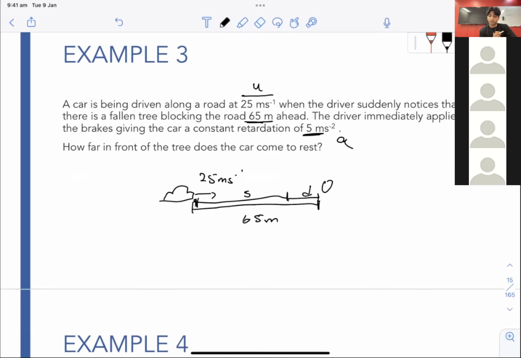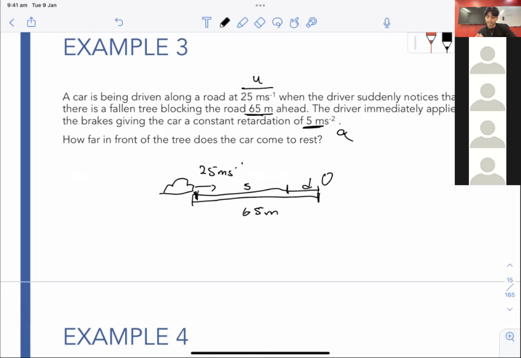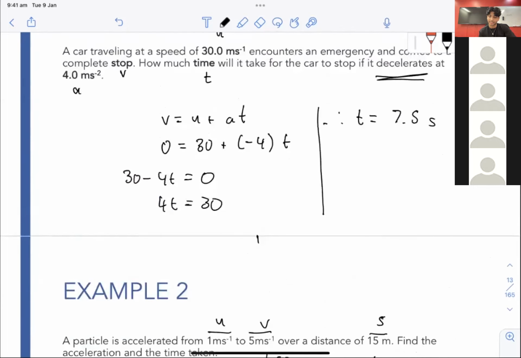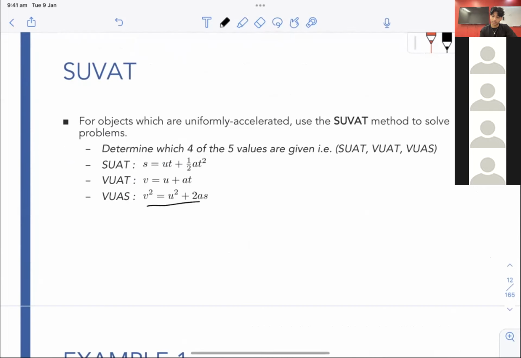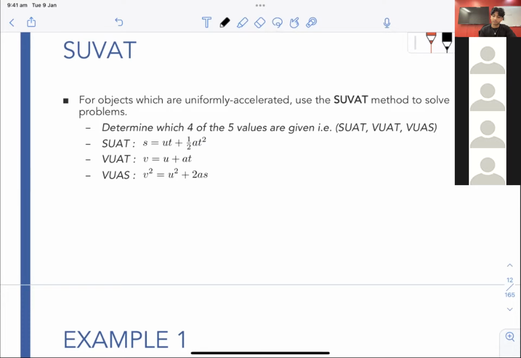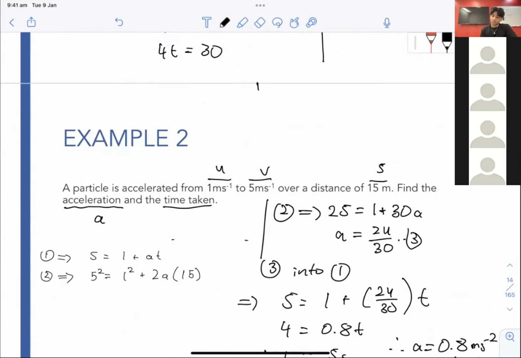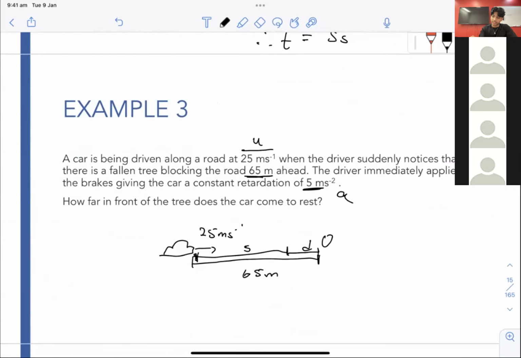All right. First thing we'll do is figure out, obviously, how far the car will go. Now, if we want to find S, there are 2 equations that will have S in them. That's this last one and the first one. This first one has S, U, T, and A. This last one has V, U, A, and S. We have our V. It's going to be 0 because the car wants to stop, right?